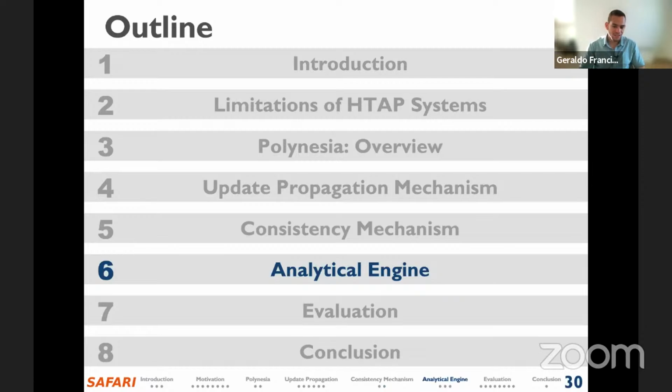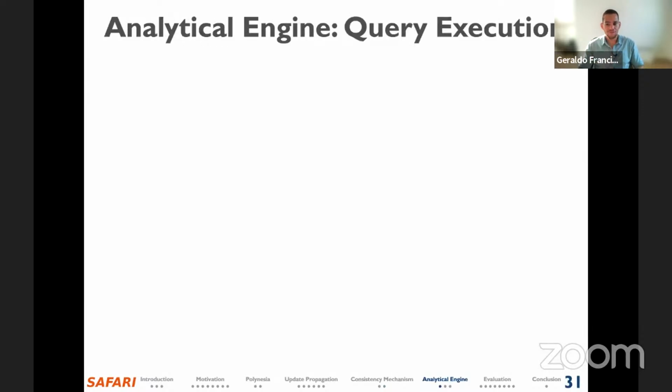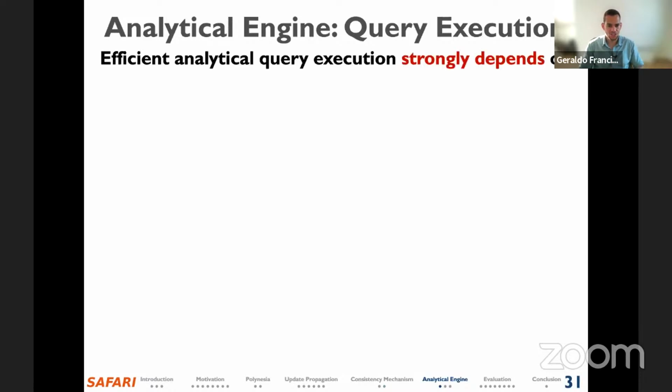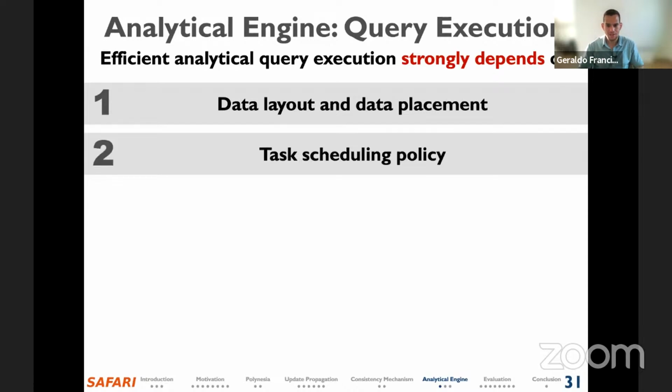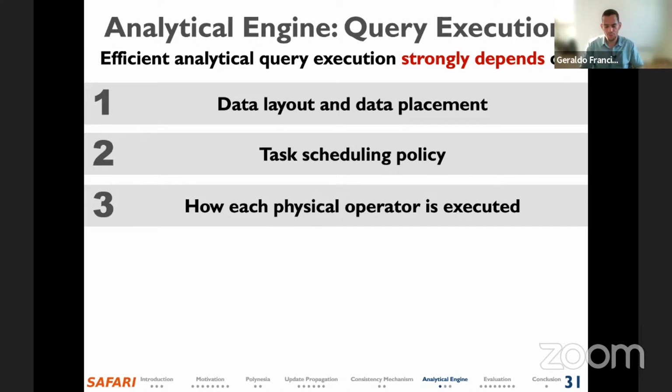Efficiently executing analytical queries depends on three main design decisions. The first is how to do data layout and data placement of the analytical data, then how to do task scheduling of analytical threads, and how to map the physical operators, such as scan and merge, onto these analytical execution engines.